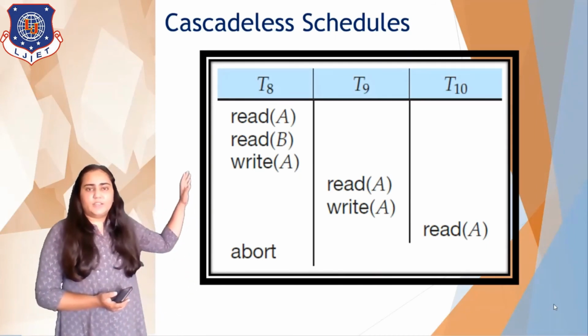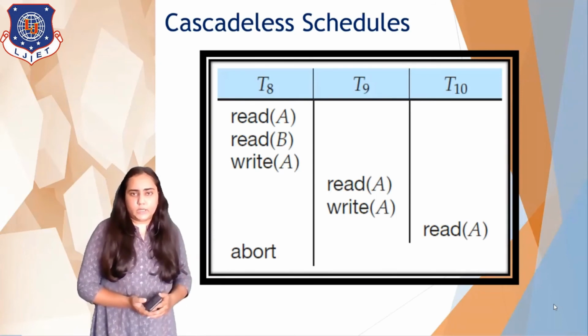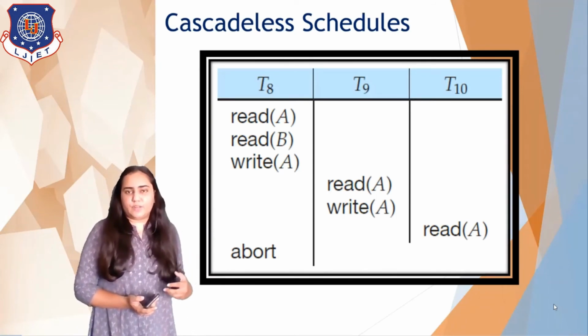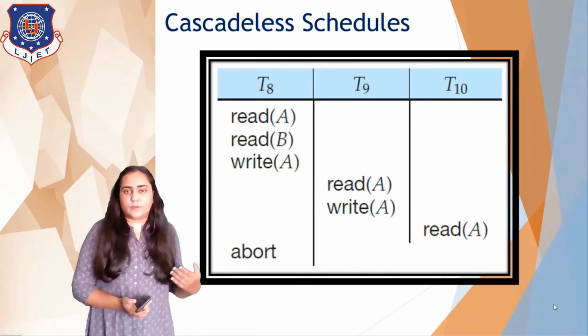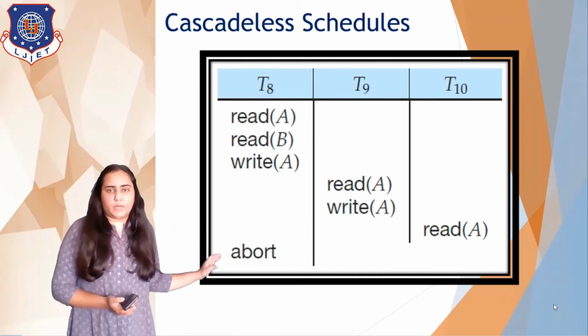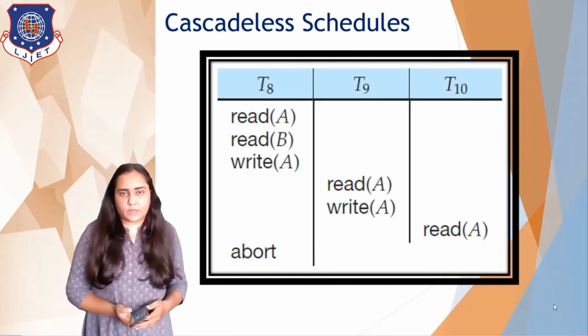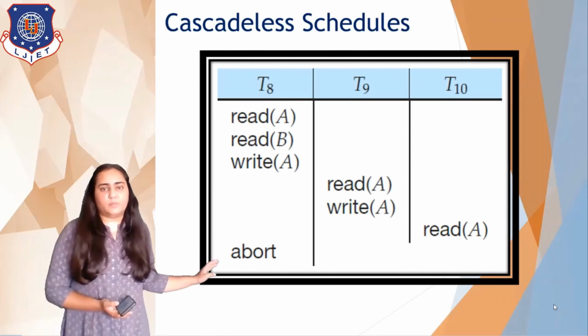And you can see that T8 is writing the value of A, which is then read by T9. And T9, after reading and performing some calculations, is also writing the value of A, which is then read by T10. Now, up to that, everything is fine, but what happens afterwards is abort.